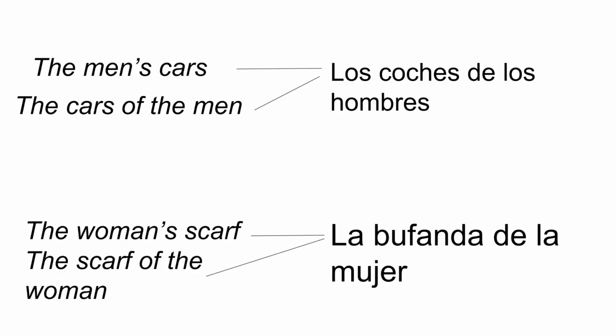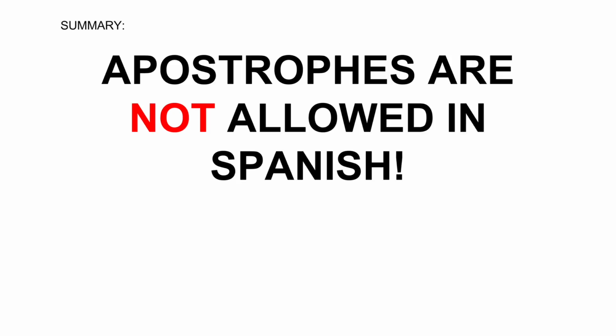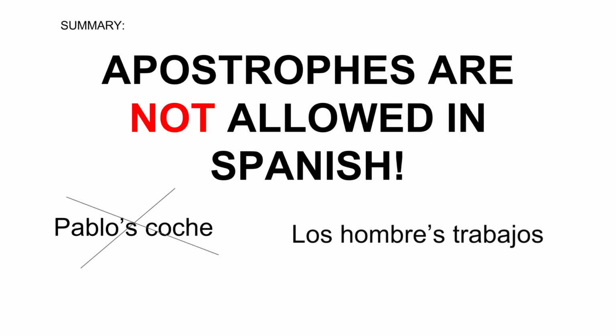Okay, are you getting the hang of it? Okay. Summary. Apostrophes are not allowed in Spanish. So if you try this, Pablo's coche. Notice Pablo, you're thinking, I'll just put an apostrophe. Nope, can't do that. Los hombres' trabajos.